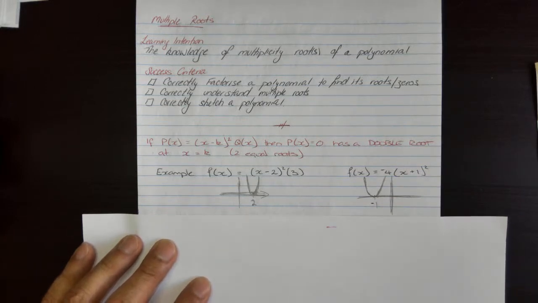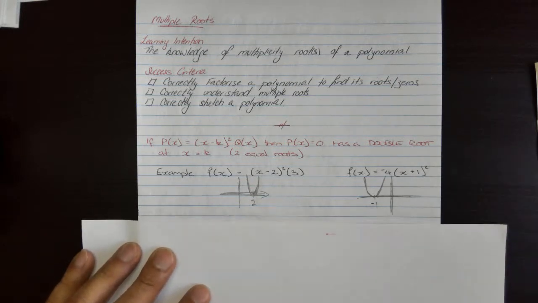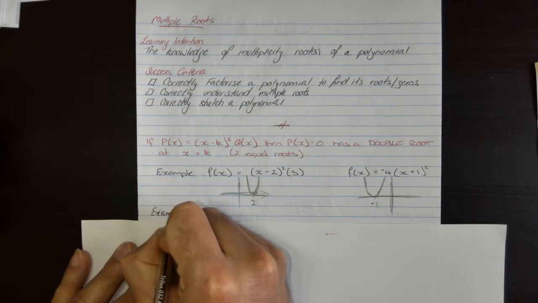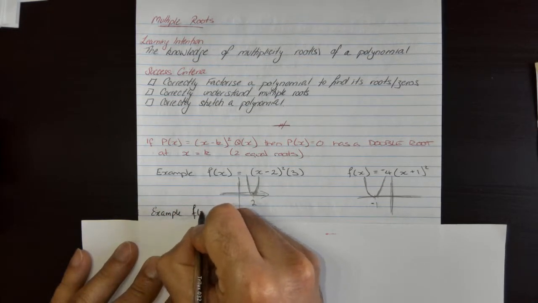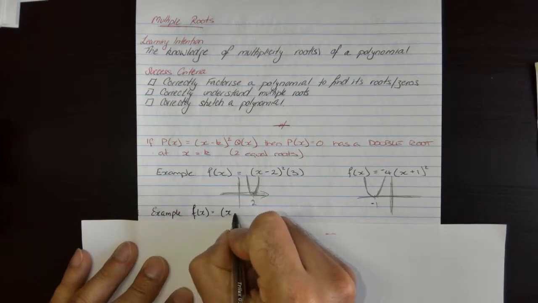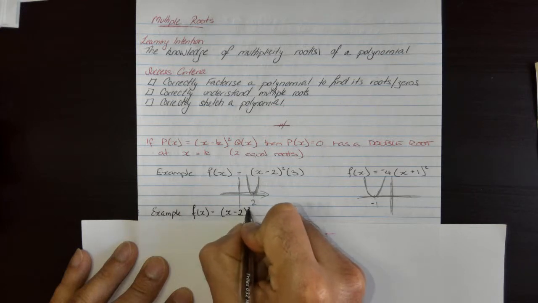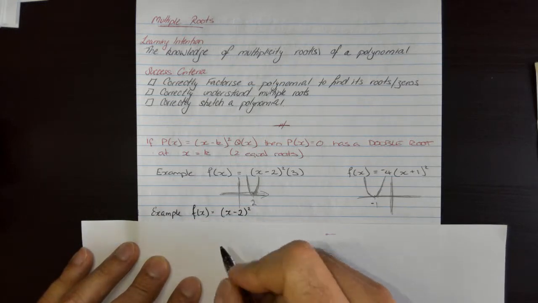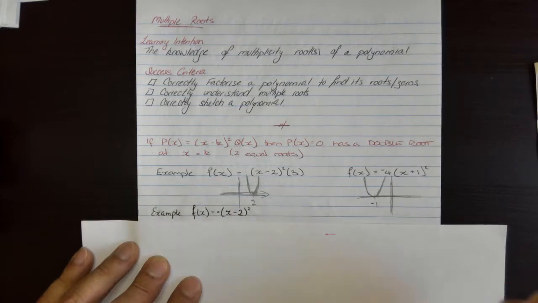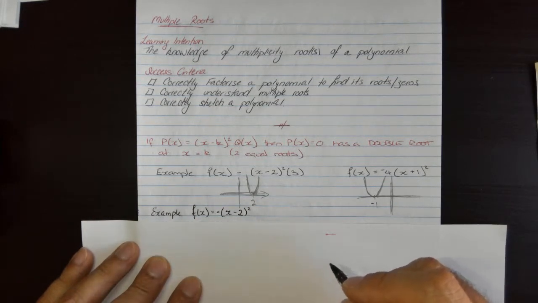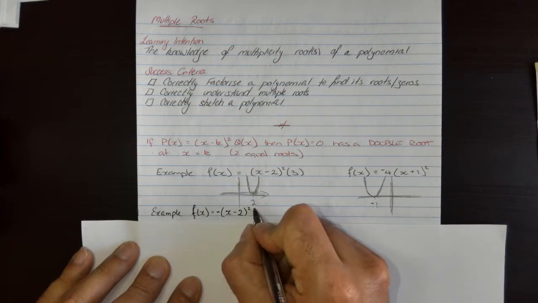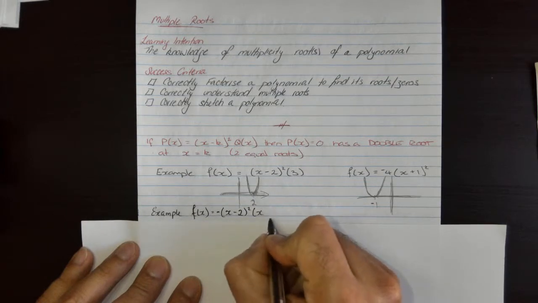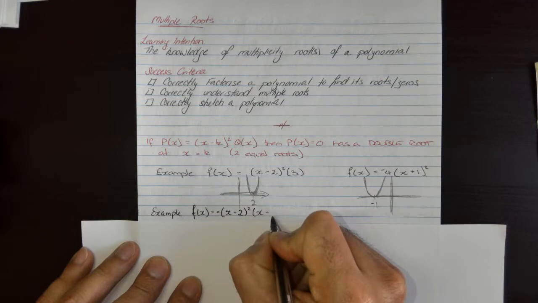So say, for example, if we did something such as f of x equals (x minus 2) all squared, so the x-intercept of 2, and we had times (x minus 5).